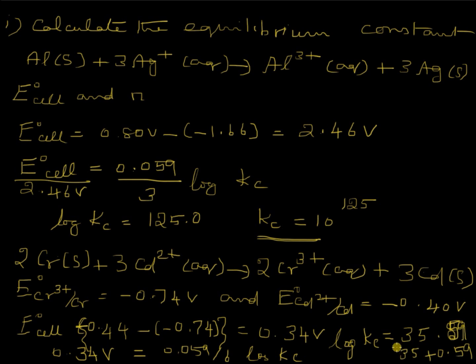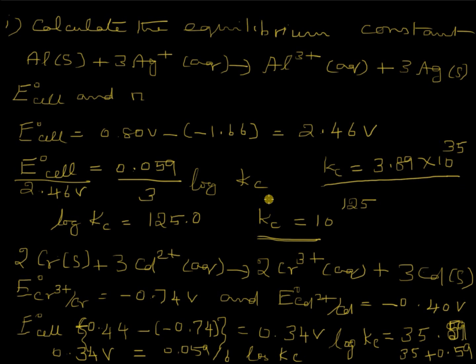For 35 you can easily write 10 to the power 35. For 0.59 you can get the antilog, that is 3.89. So Kc will be 3.89 into 10 to the power 35. I suppose it is clear to you.